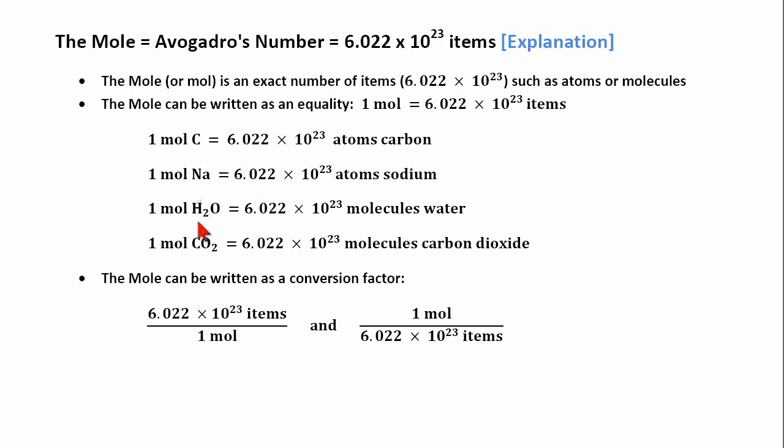And then a mole of water, which is H2O, is 6.022 times 10 to the 23 molecules of water. The same can be said of carbon dioxide, and it's molecules of carbon dioxide. And here's how the mole can be written as a conversion factor. And the conversion factor, of course, is useful while performing dimensional analysis and solving problems.